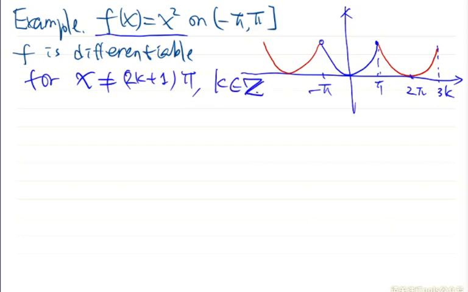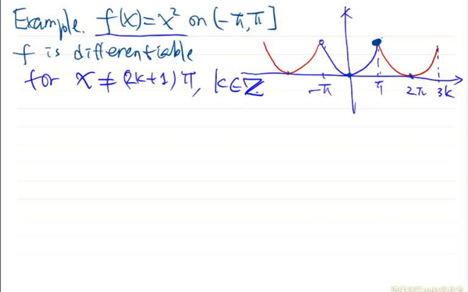Okay. Because at such point, for example here, a point like this, the left derivative does not equal the right derivative. So f could not be differentiable at pi and at minus pi, and so on. But it is differentiable at points not an integer multiple of pi, and also it is differentiable at even multiples of pi. For example, 0 and 2 pi and minus 2 pi.